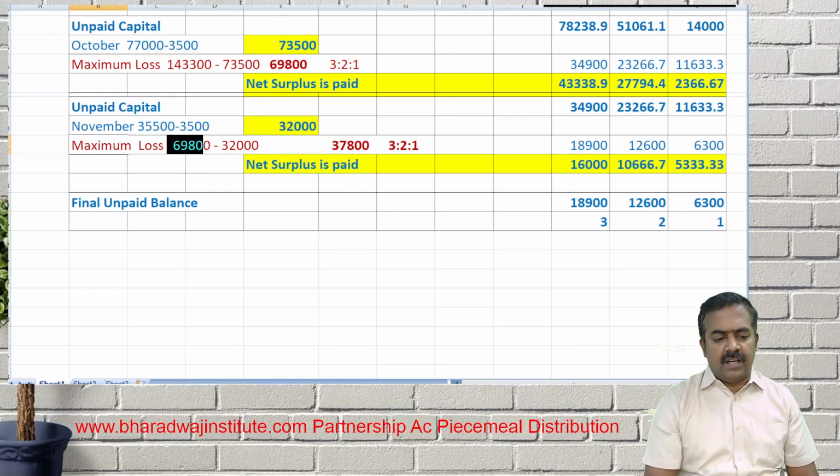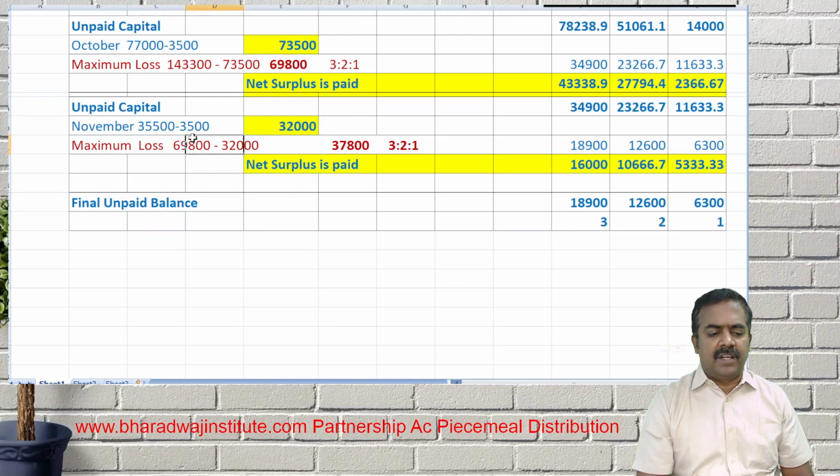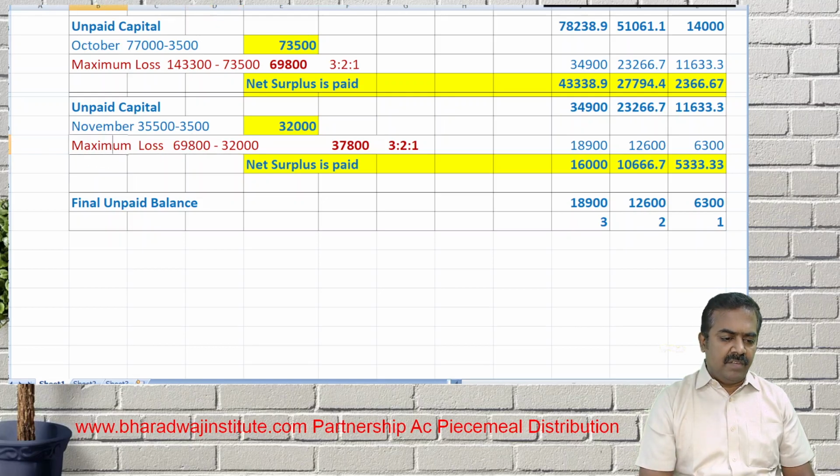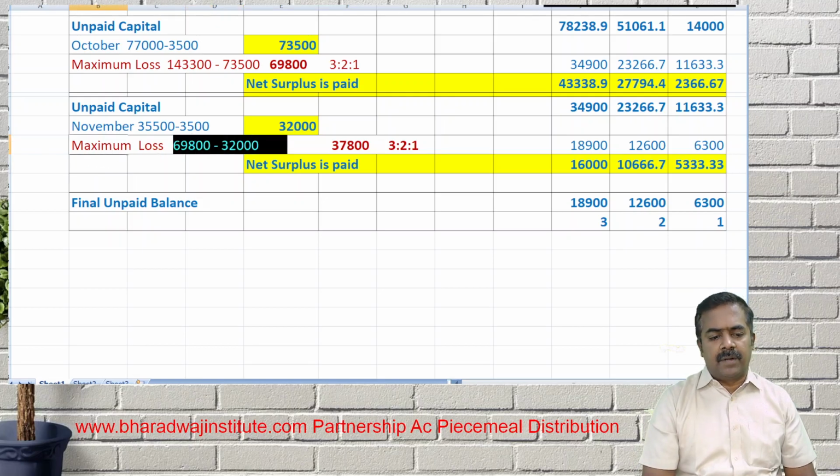Here the 16,800 comes, add up all the three, you will get 16,800, or the previous maximum loss will be the unpaid capital now. Previous maximum loss will become what? Unpaid capital minus amount available. This is the maximum loss.